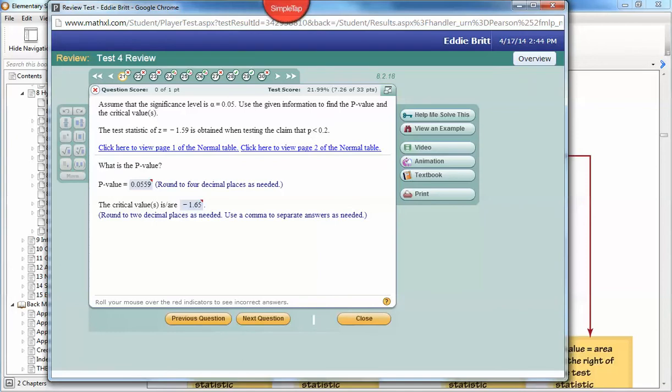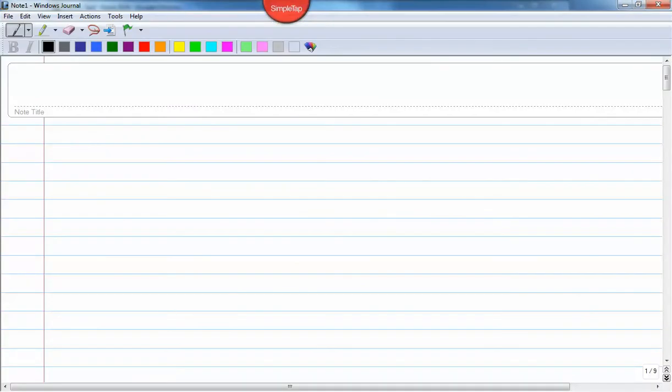That less than is very important with this test, because the next question is what is the p-value? With the p-value test, less than, greater than, or equal to in your claim will make a difference.